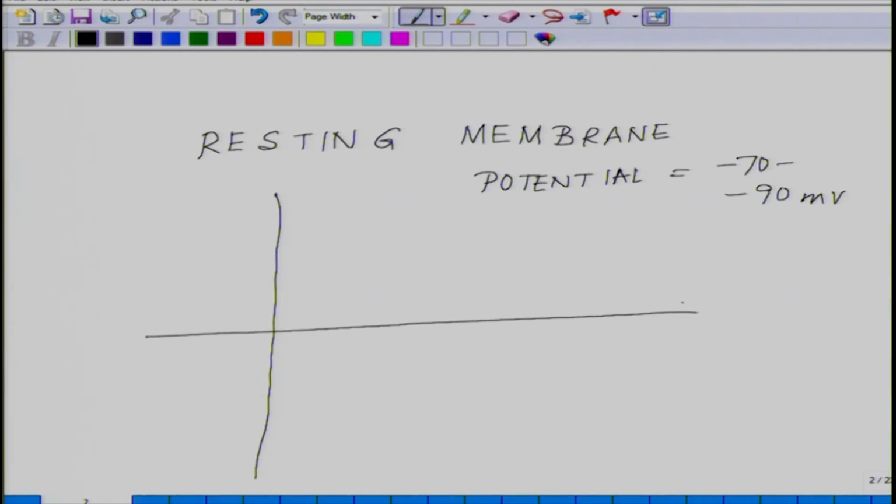So, essentially if I draw the axis like this, x axis is giving you the time, this may be in seconds, and y axis is giving you the voltage in millivolt. Then the cell is sitting somewhere.